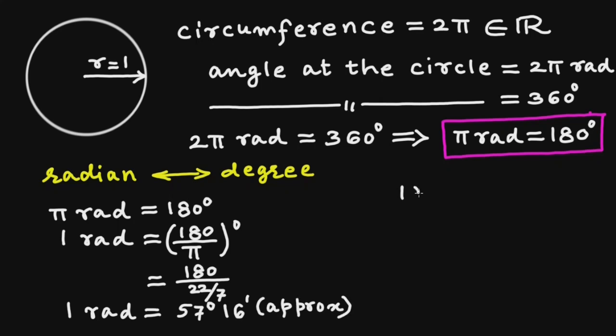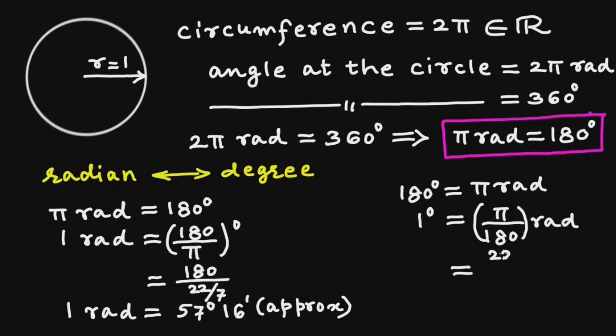Similarly, 180 degrees equals pi radians. So 1 degree will be pi upon 180 radians, which is 22 upon 7, the value of pi, upon 180. So we get 1 degree equals 0.01746 radians.